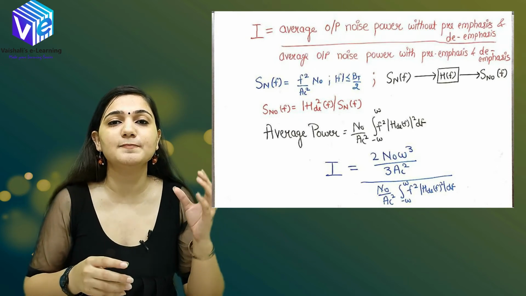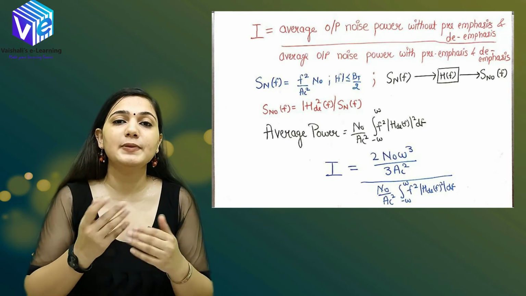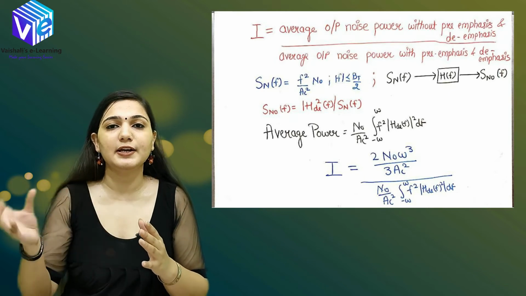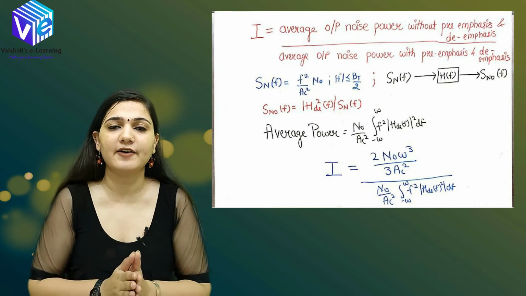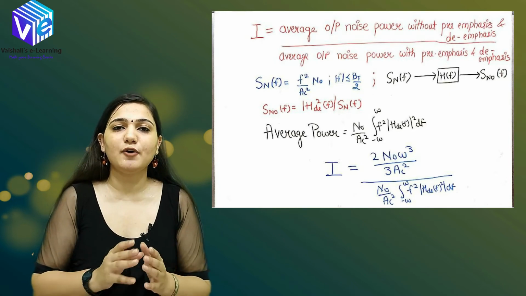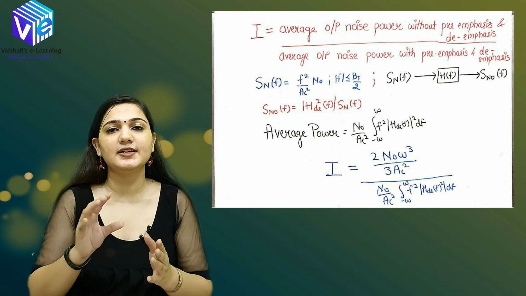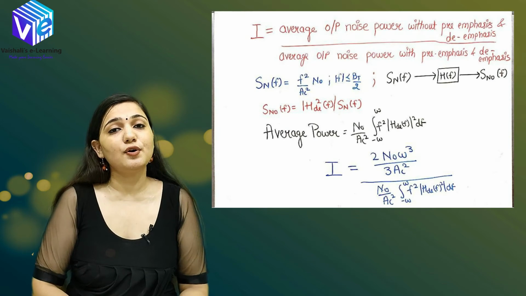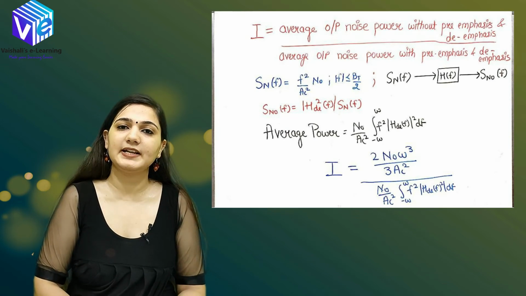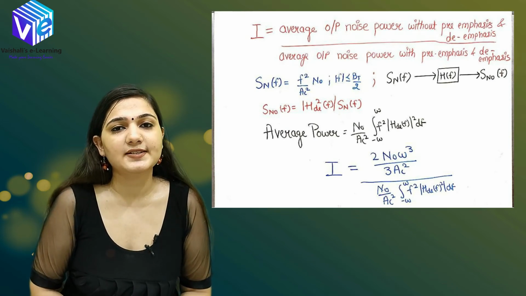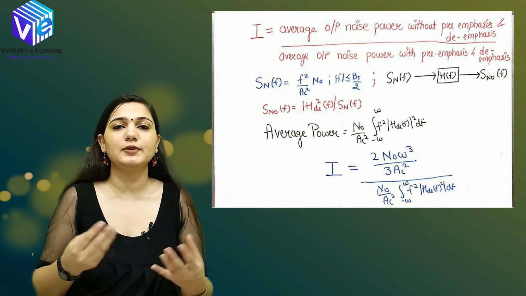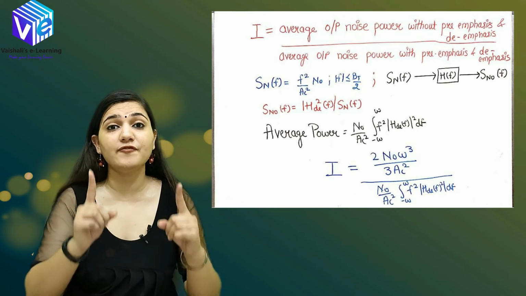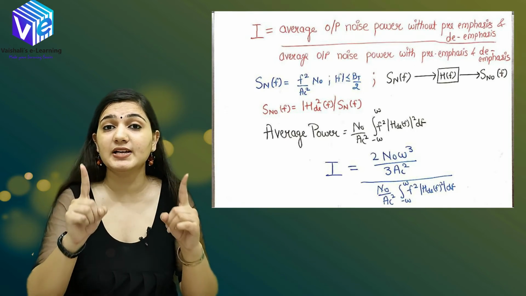So the output PSD will be changed according to H(f) square into the input noise PSD. The input noise was the quadrature component of the noise, and it is multiplied with the transfer function square of de-emphasis.